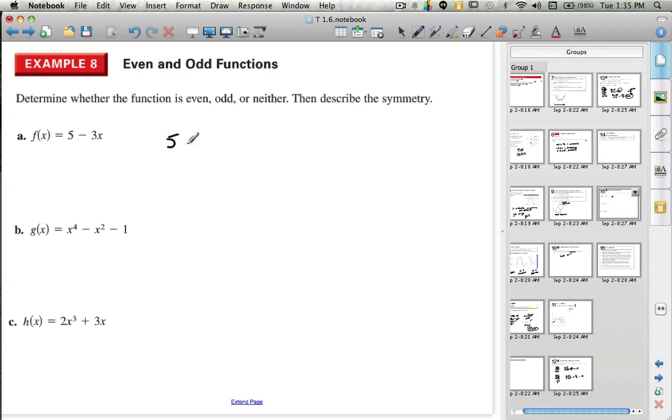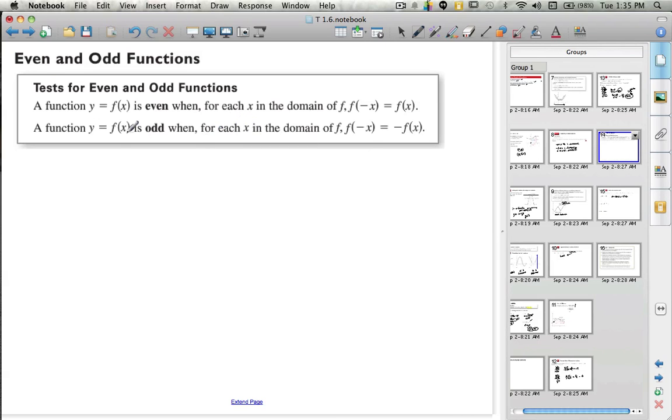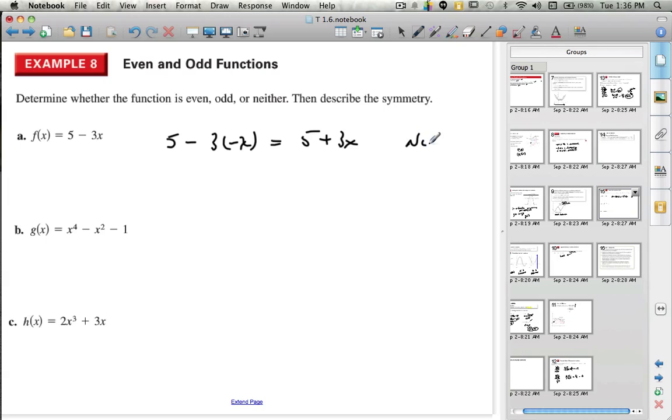When I replace x with negative x, I get 5 plus 3x. It's not the same as this, and let's go back to our test. It doesn't become the same function, and it doesn't become the opposite of the function, so this particular one is neither. It's not odd nor even.